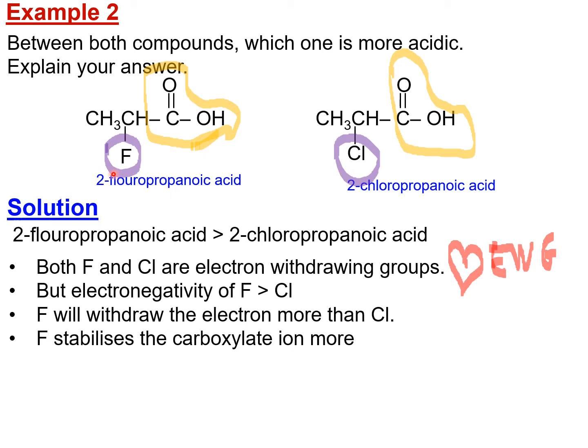Because as we know, memang fluorine ni is the most electronegative atom in the periodic table of elements. Hence, fluorine dia akan withdraw the electron better than Cl. Okay, so that's why fluorine ni dia akan stabilizes the carboxylate ion more than Cl. Okay, so that's why lah 2-fluoropropanoic acid ni is more acidic compared to 2-chloropropanoic acid.